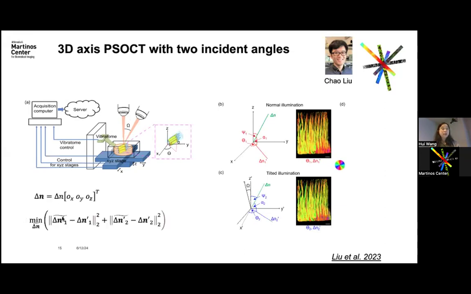We did an optimization to minimize the error between the estimated birefringence vector, which includes the birefringence value and the 3D axis orientation, and the measured one from the two measurements.